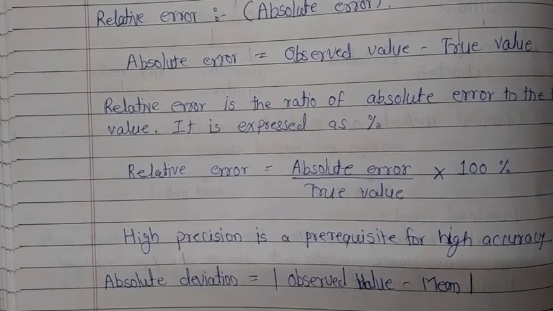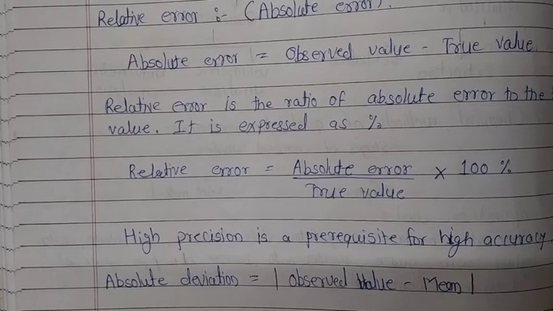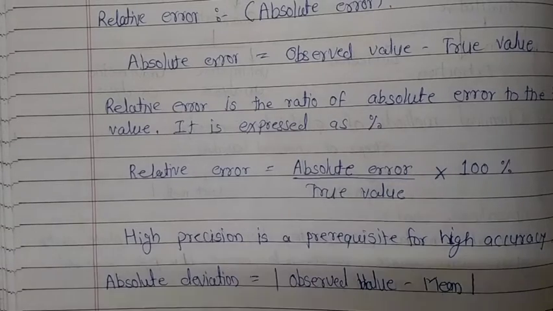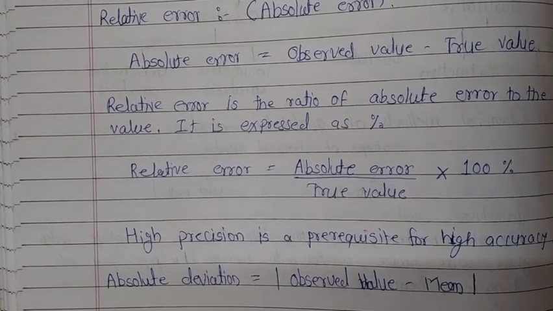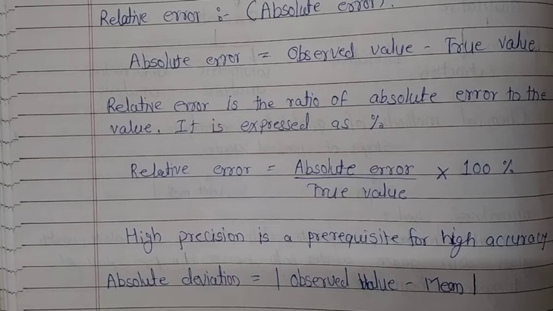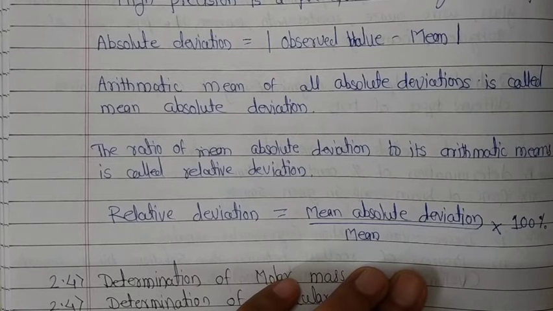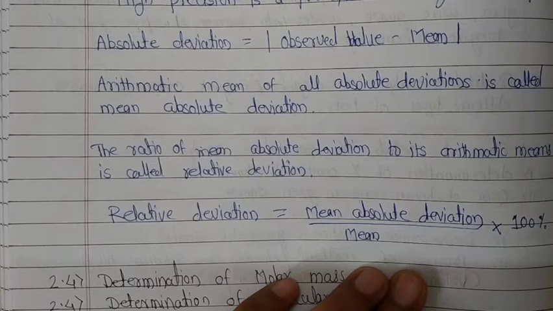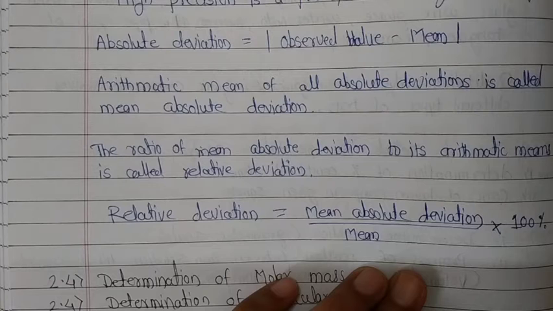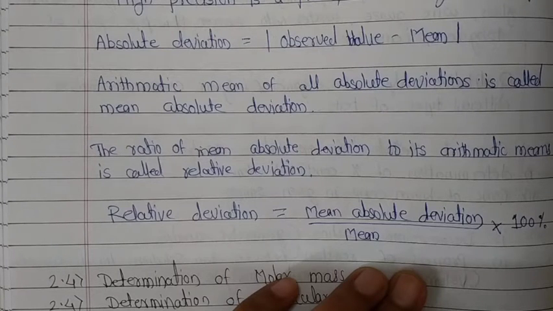Absolute deviation is the modulus of the difference between an observed value and the arithmetic mean for the set of several measurements made in the same way. What is meant by high precision? High precision is the prerequisite of high accuracy. To minimize the error, multiple readings of the same quantity are noted, and if all the readings match closely, then they are said to have a high precision.